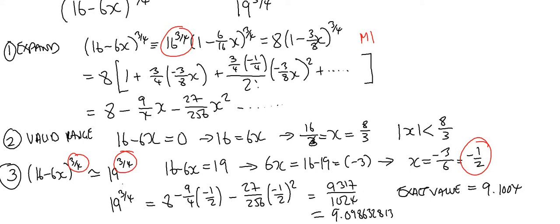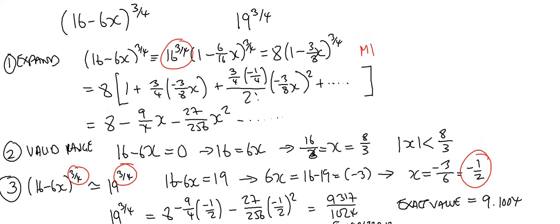Okay, so remember the difference: if I sub in x to this, this is the exact value, because this is the nth term for the series.